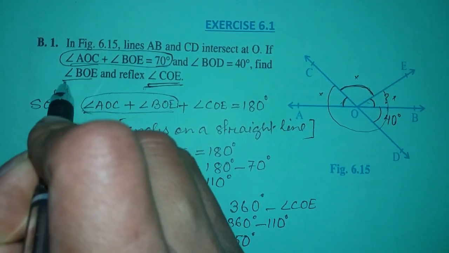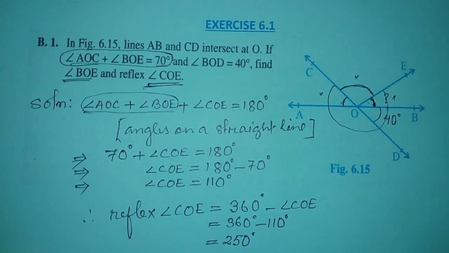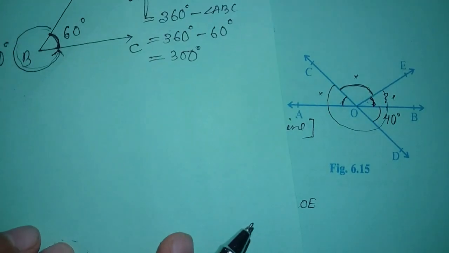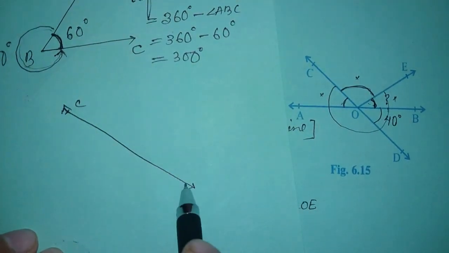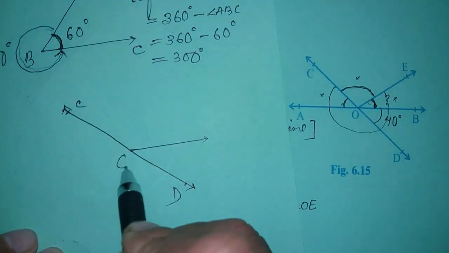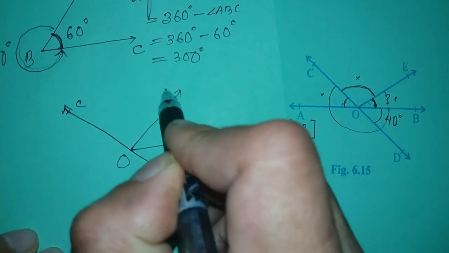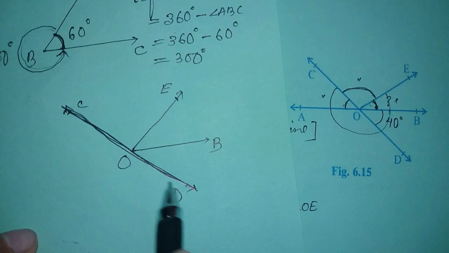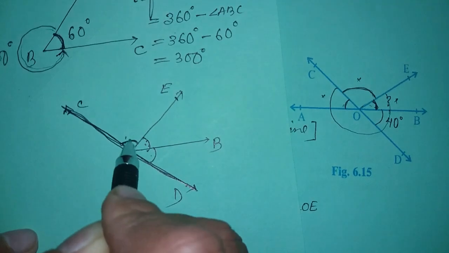Now we have to find out angle BOE, this angle BOE. To find this angle BOE, again we are going to consider this line CD. Now this OB I'm going to draw here. This is O, this is B, and OE is this line. Since this CD is again a straight line, the sum of the angles here will be again 180 degree.